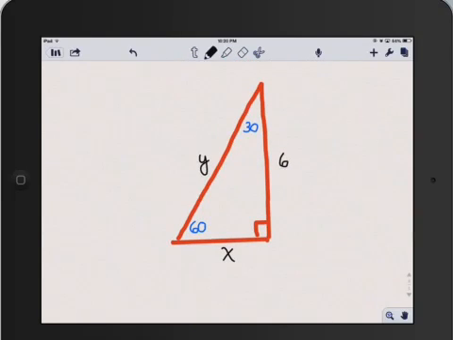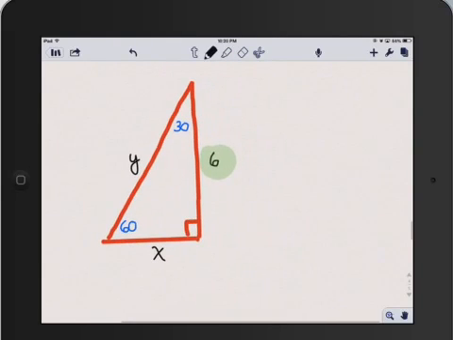And one more problem. A little bit trickier still. If the longer leg is the value that's given, so 6, the longer leg, is given, to find the longer leg we take the shorter leg times the square root of 3. So in this case, if we take the longer leg and divide it by the square root of 3, we should have the length of the shorter leg.